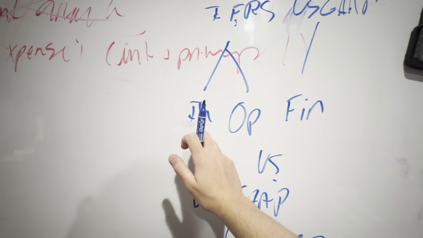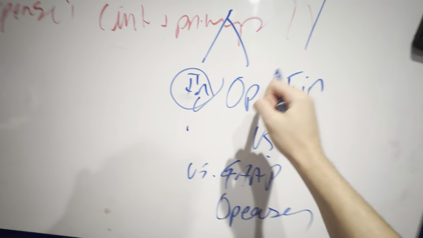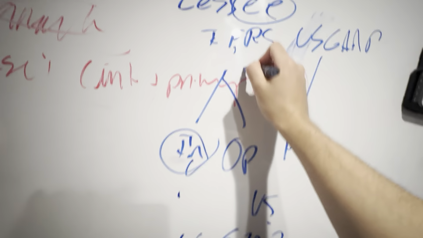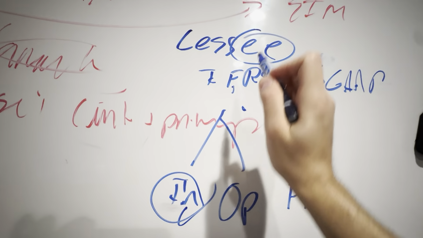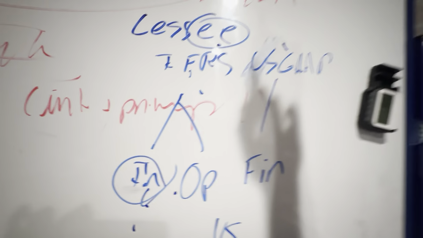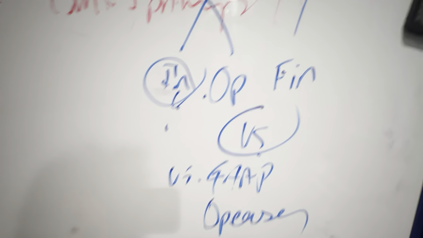So there's a difference between IFRS lessee financing leases, operating leases, US GAAP lessee financing leases, and US GAAP lessee operating leases. And those are the differences.